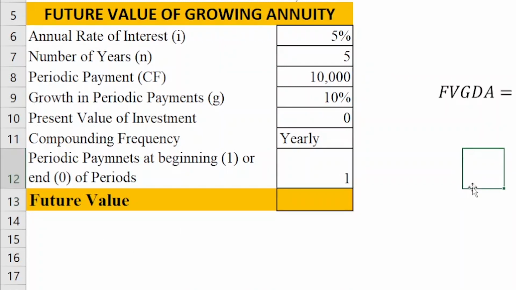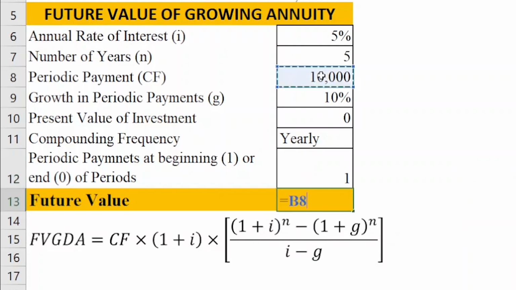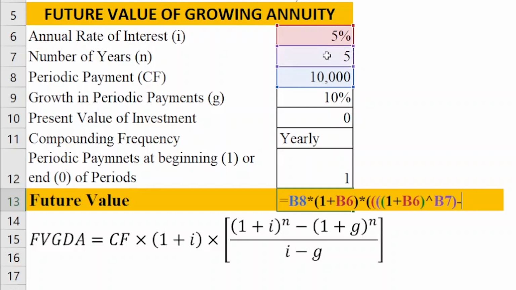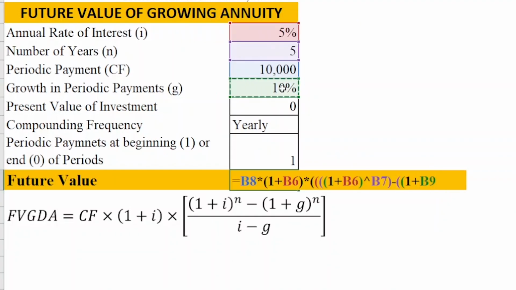In case of future value of growing due annuity, we will simply multiply the answer of future value of growing ordinary annuity multiply by 1 plus I. So the future value of growing due annuity will be computed, equal to cash flow, that is 10,000, multiply by start the parenthesis 1 plus interest rate, multiply by start the parenthesis 1 plus I raised to power n, close the parenthesis, minus 1 plus growth rate, close the parenthesis, raised to power n, close the parenthesis, divided by I minus growth, close the parenthesis, press enter.